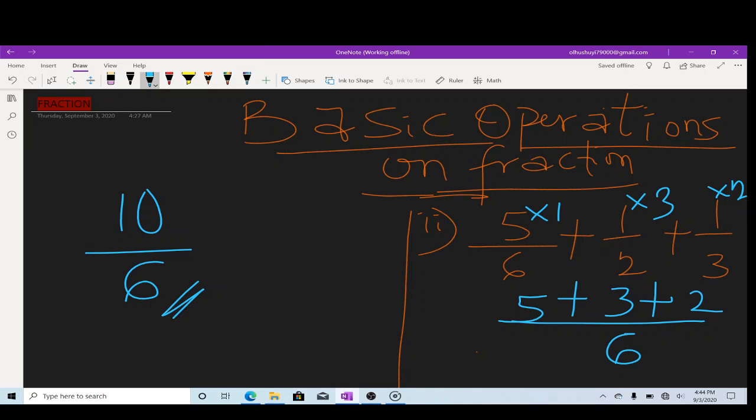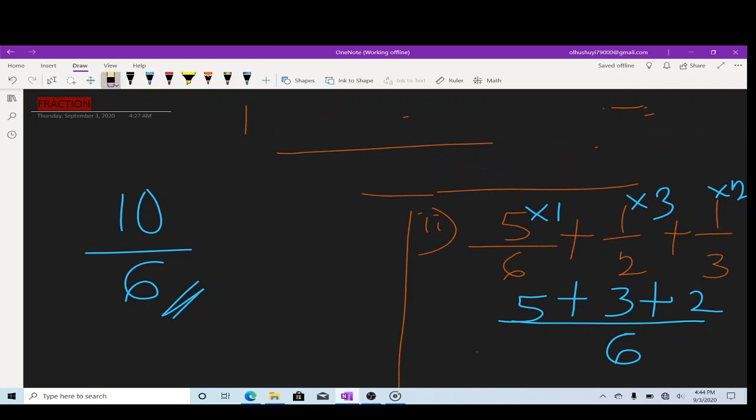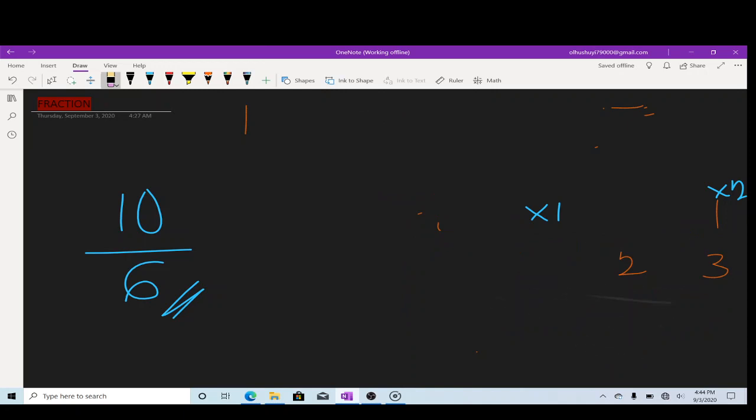So let's look at an example of subtraction of fractions. Let's talk about subtraction. How do we go? It's the same approach, only that the signs will change.